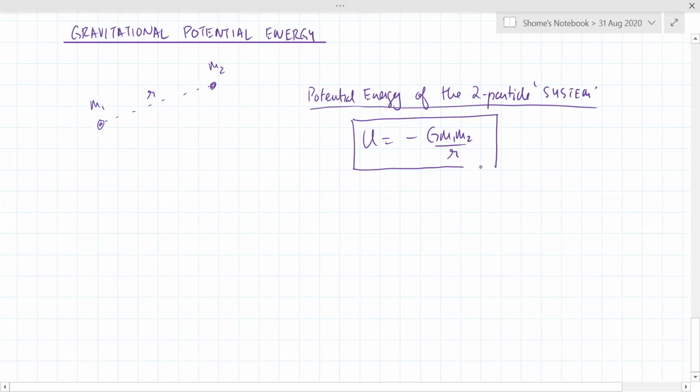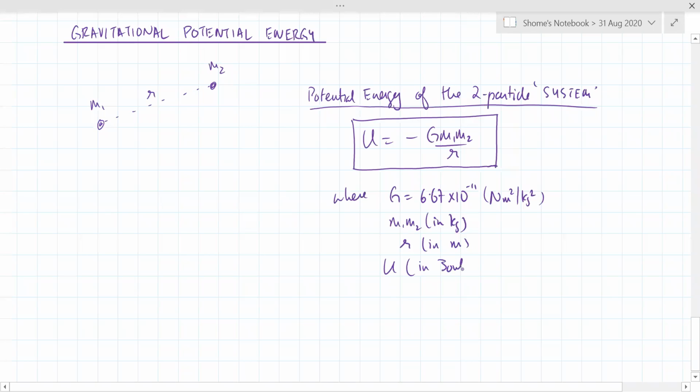We will learn the derivation of this formula in class 11th later, but this is the formula where of course G is the universal constant. If masses are in kg and r is in meters, then the potential energy is in joules.